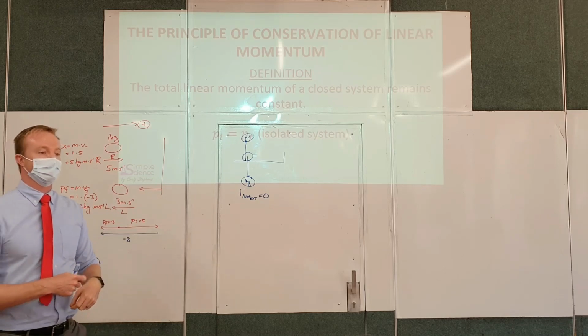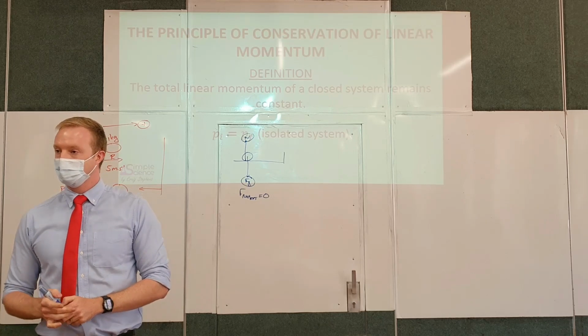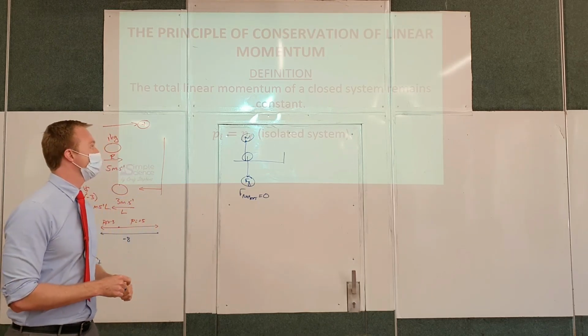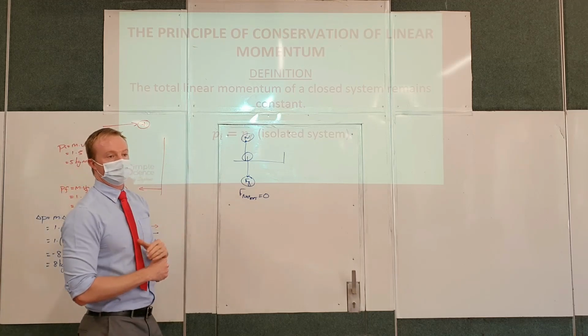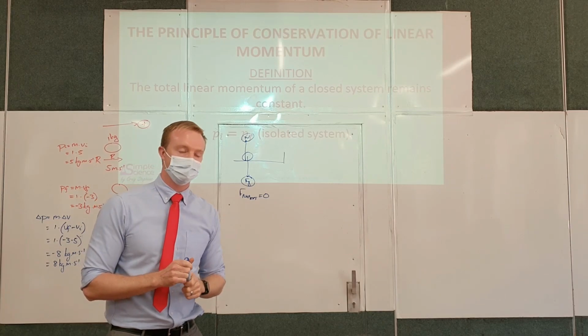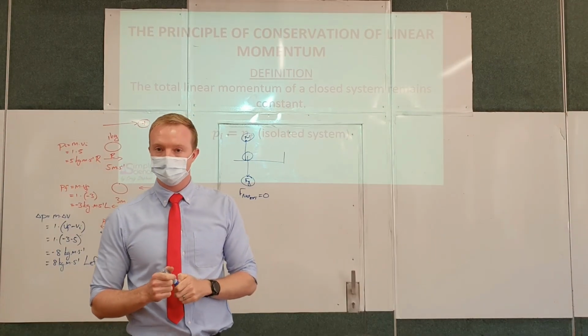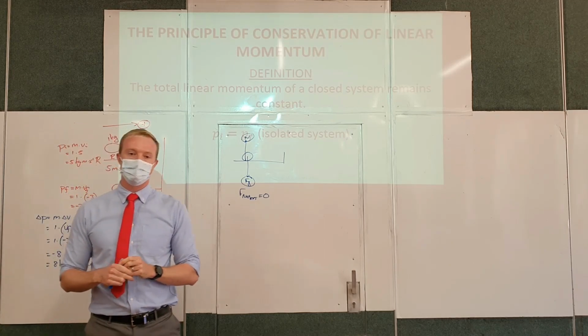So what we're going to be looking at now is what happens when there are 2 or 3 objects in a system, fortunately mostly 2. And so we can start to look at something called the conservation of momentum, which just says the total amount of momentum in a system will always remain constant. It's very closely linked to the conservation of energy.